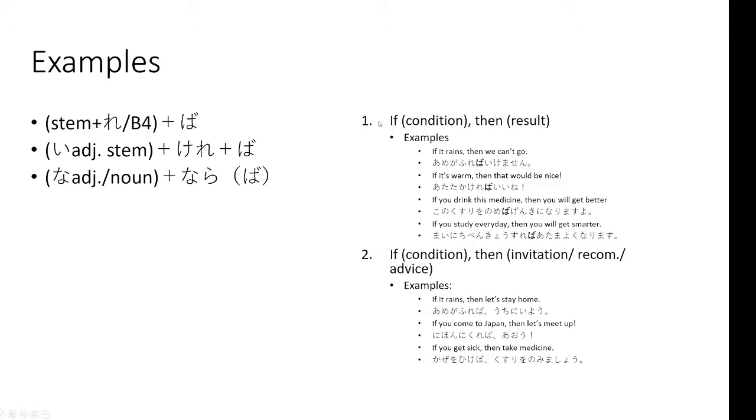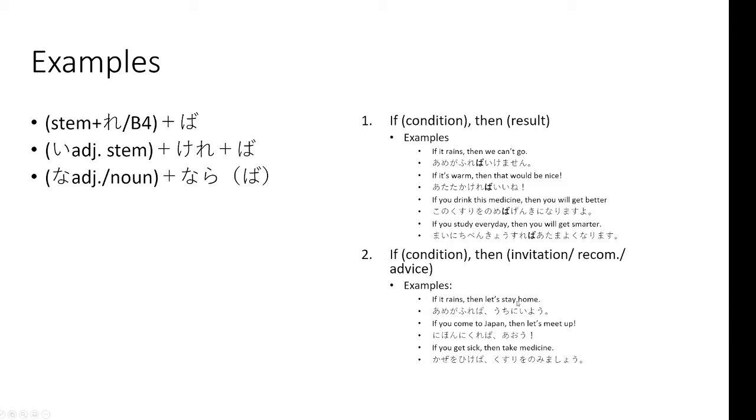So let's go ahead and jump to number 2. It says, if condition, then invitation, recommendation, advice. The first sentence says, if it rains, then let's stay home. As you can see, we have the same condition, if it rains. But now, our second clause is an invitation to not go out, to stay home. If it rains, then let's stay home.